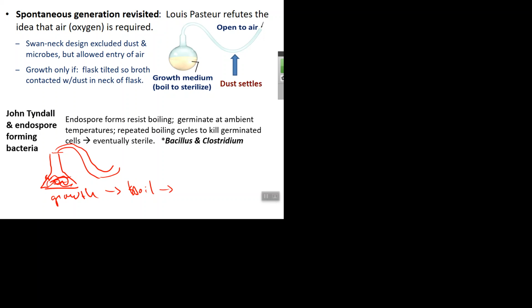But then there would still be a handful of spores left, and they would grow again, okay? So then you have to keep repeating the cycle, right? Each time, some of the spores would germinate as the temperature came back down, and you kill them at boiling, and if you keep doing that a few cycles, eventually you'll get a sterile broth, and you would after maybe 3 or 4 cycles.